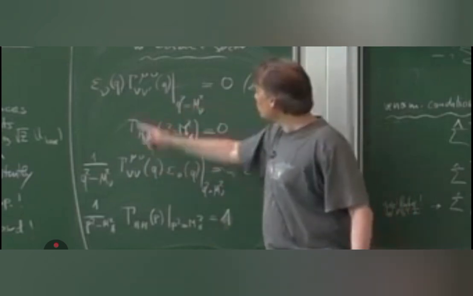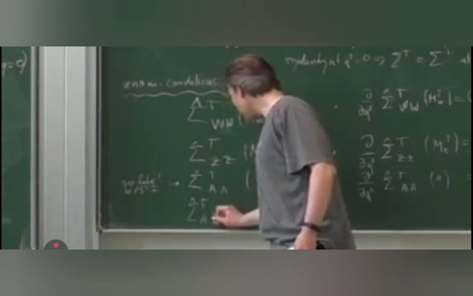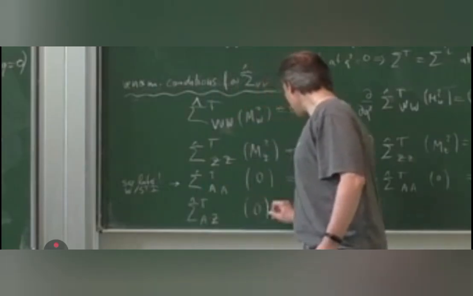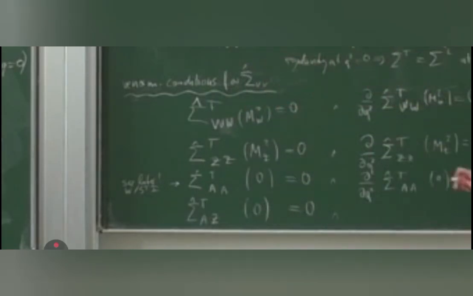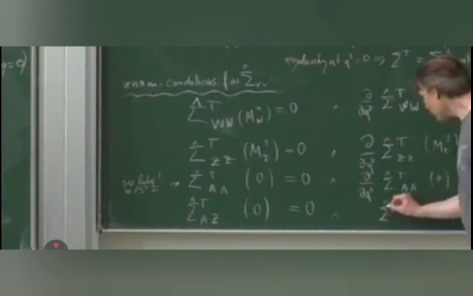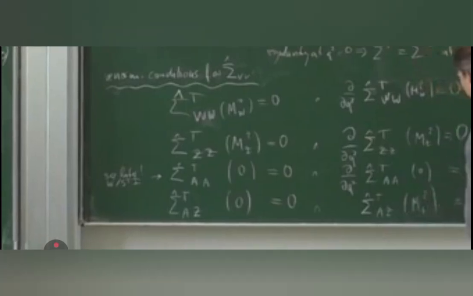One condition is: sigma hat transverse AZ mixing at 0 equals 0, and the other condition is sigma hat transverse AZ at mz square is also 0.